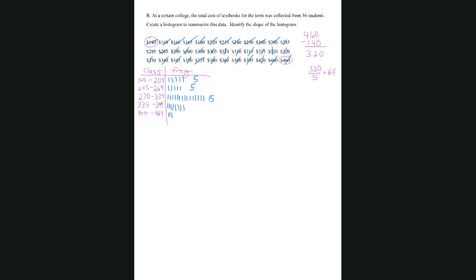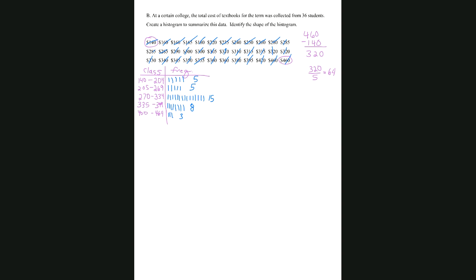I have 8 values from 335 to 399, and 3 values from 400 to 464. So let's see, is that 36? 26, 36. Yep, there's 36.